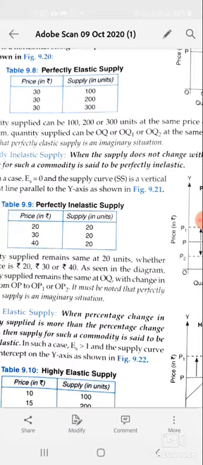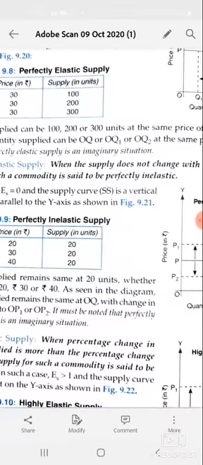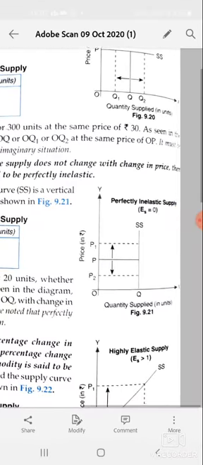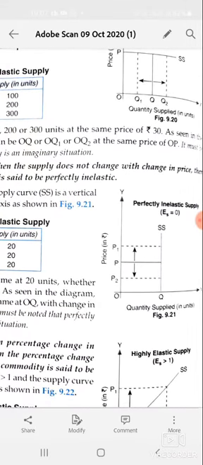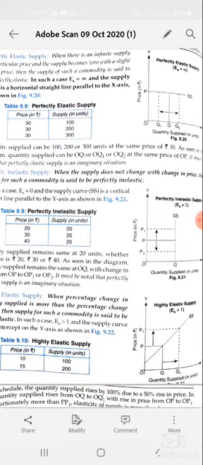In the earlier case, price was constant. In this case, supply remains constant, whether the price goes up or down. When the supply does not change with the change in price, the supply curve moves parallel to the y-axis or the vertical axis.